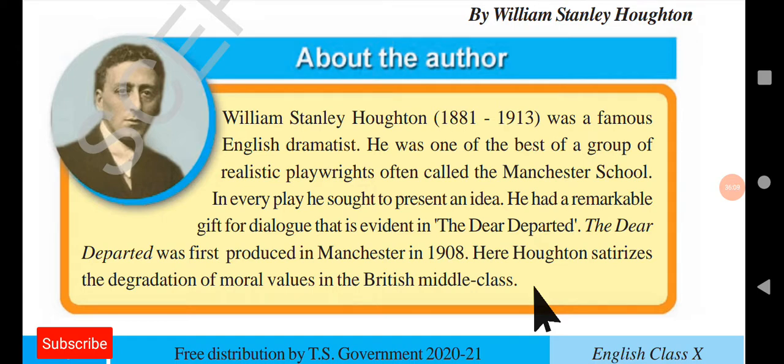As we can see, there is no love, no compassion, no kindness, no caring for the father by the both daughters. They just want the things of the father. That's it. So the author Houghton brought out the nature of the society which existed in the period in which he lived.